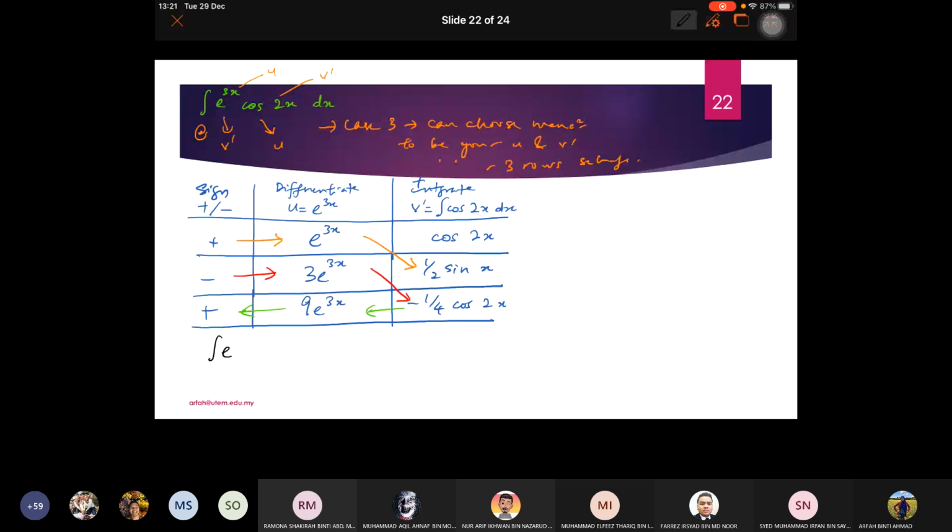integration of exponential 3x cos 2x dx sama dengan 1 per 2 exponential 3x sin 2x, okay, minus 3 per 2 exponential, minus 3, alamak.